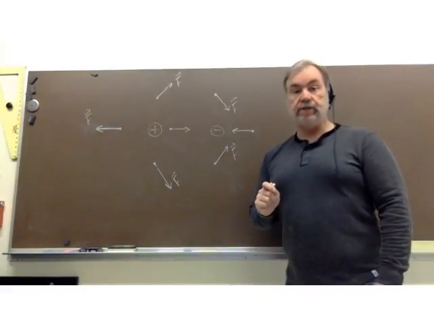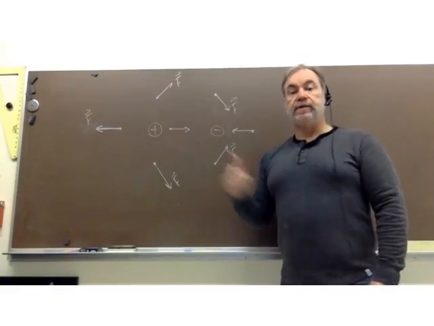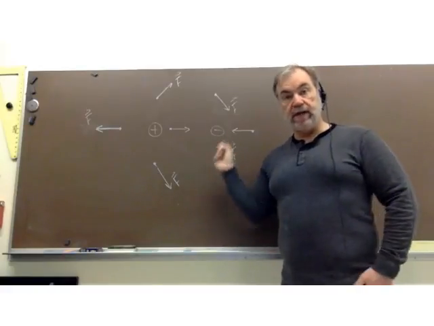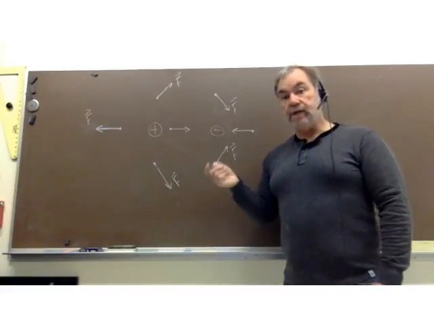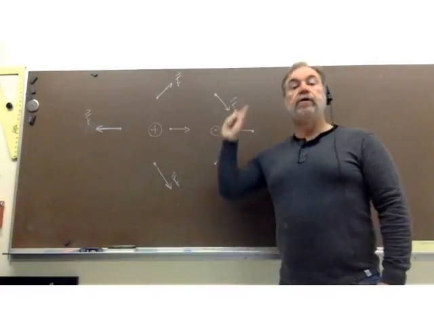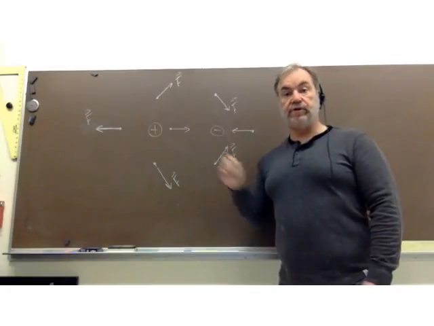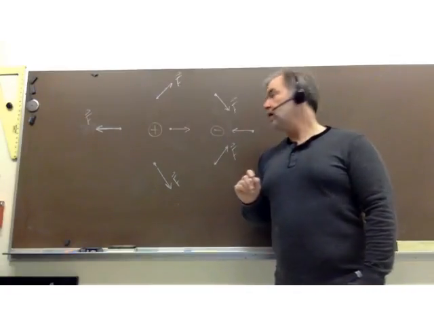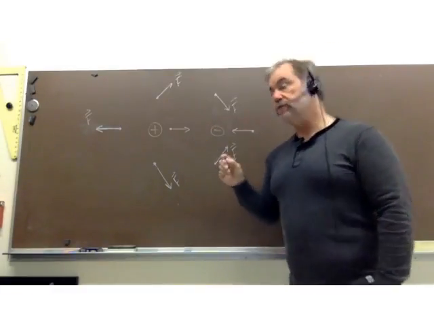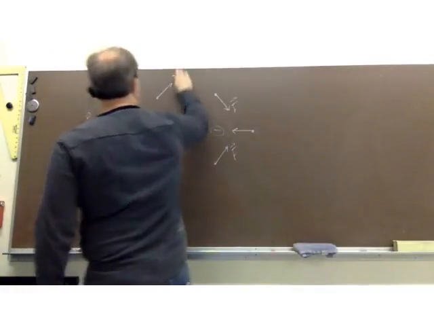Since I chose to use a positive test charge in my analysis, then by our definition of the direction of the electric field, the direction that these forces point, the electric field at each of these points must also point in that direction. Okay? So instead of interpreting all these as electric force vectors, I can equally well interpret them as electric field vectors.